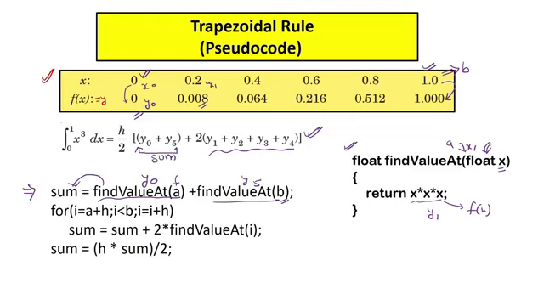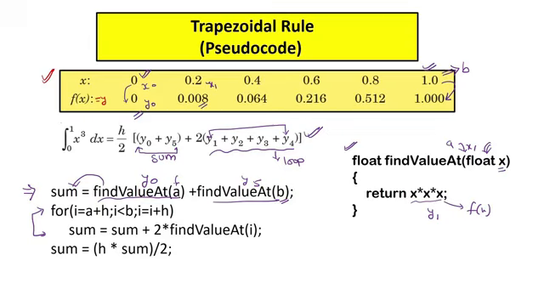Now in the next step, we will find the sum of the y1 to y4 values. This is the code to find the sum from y1 to y2, y3 and y4. For this we have used a loop. Why have we used a loop? Because we do not know how many values we have to add.